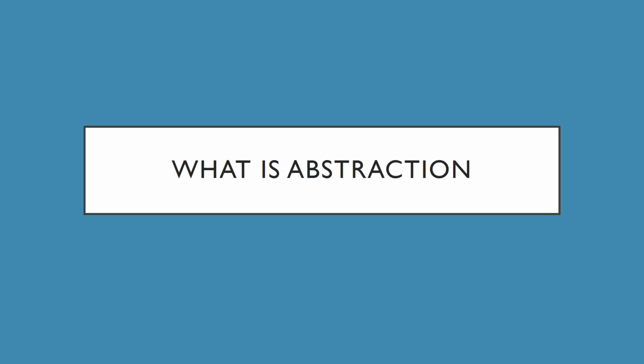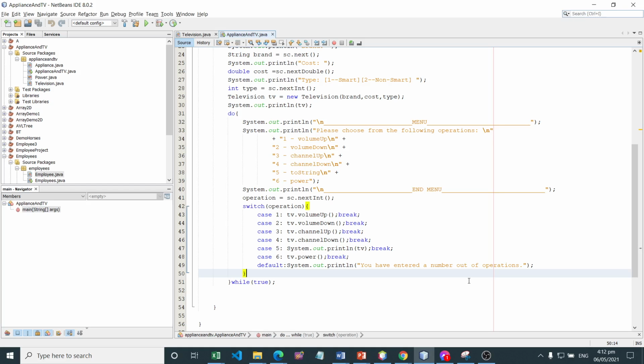Now, what is abstraction? When client programs use the classes that you have defined, as shown in this example, they do not necessarily have to know how power was implemented. So we have here created an object for the television, and this TV will be used to access the public members of television.